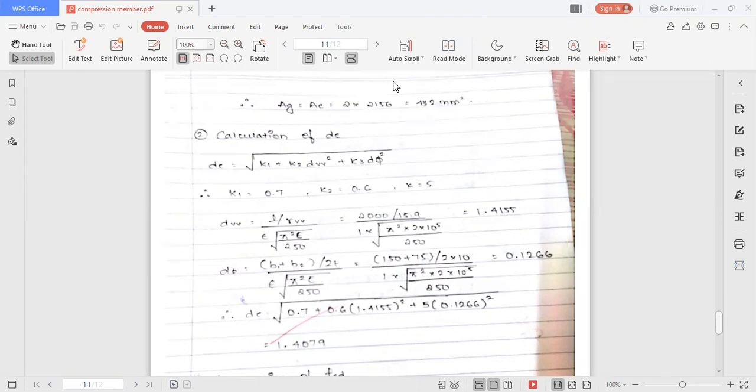Ma'am, I have a doubt. In the first case, why didn't we take this formula, D is equal to under root K1 plus K2?